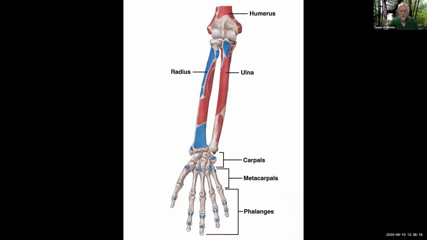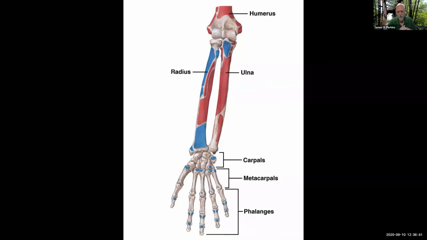Just distal to the radius and ulna are a group of 8 little bones called carpals. We'll come back and talk about the carpals in more detail in my next lecture when I talk about the bones of the hand and the wrist, when we talk about the muscles that are actually found in the hand. But I just wanted you to be aware that there are these 8 little bones called carpals that are found in the wrist area.